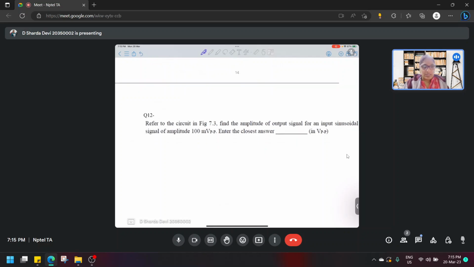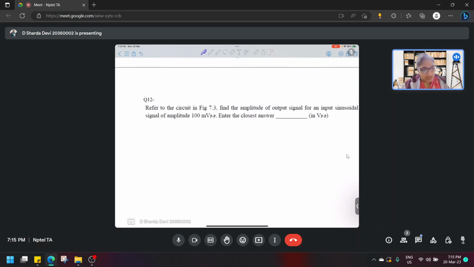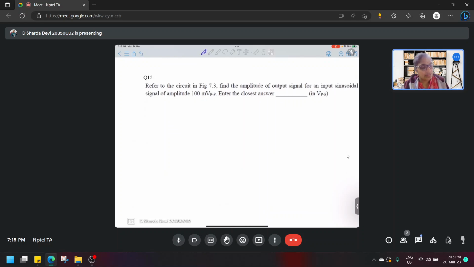Moving on to the last problem for today. In this problem we have to find the output signal amplitude for an input sinusoid signal amplitude of 100 millivolts peak to peak. So it is given that Vin is 100 millivolts peak to peak. We know the overall gain AV, which was AV1 into AV2, which was 5 volt by volt.